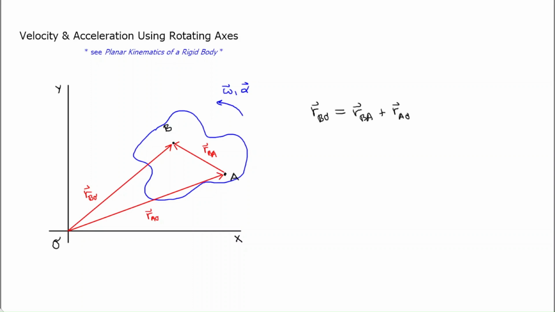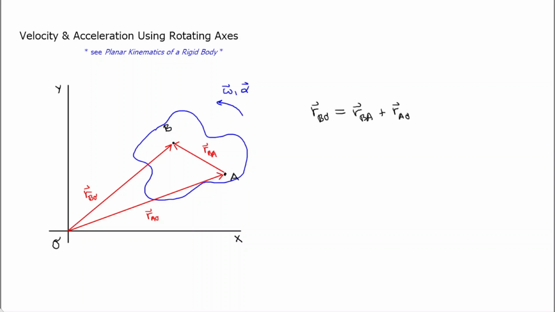We've got a fixed origin O, with some x and y axes. The blue outline here represents some generic shaped rigid body rotating in the xy plane. A and B are a couple of points on this rigid body. We have a double subscript scheme for labeling positions, velocities, and accelerations.